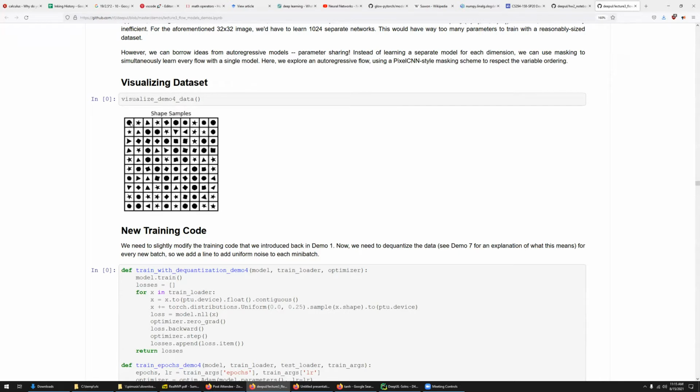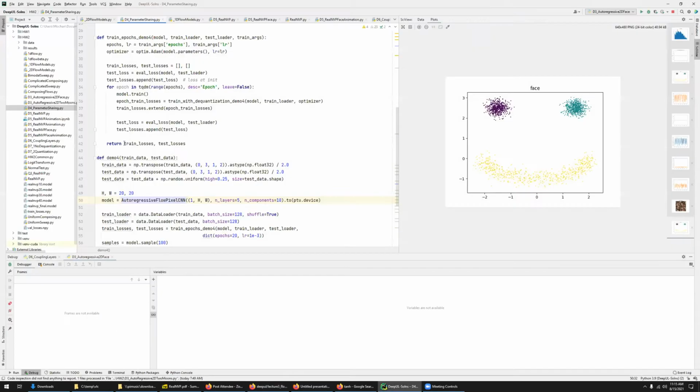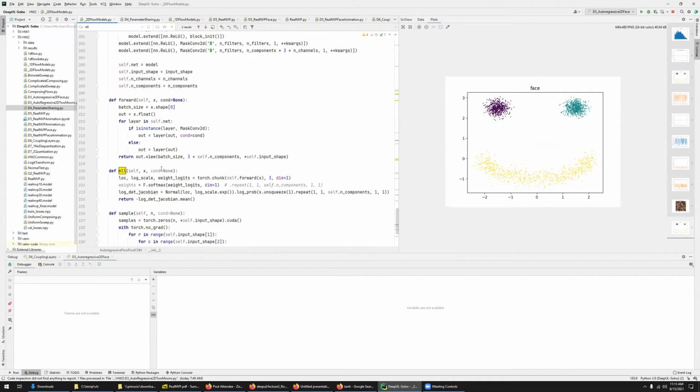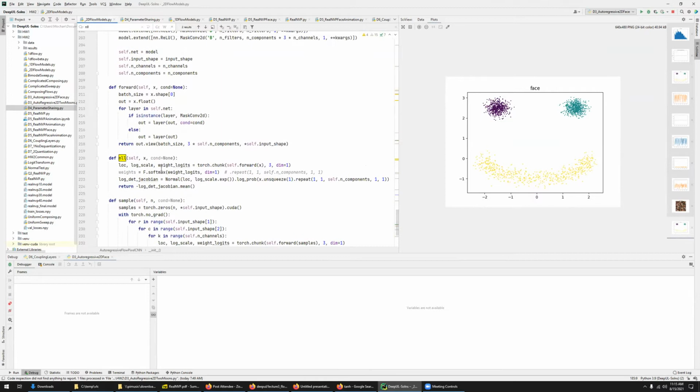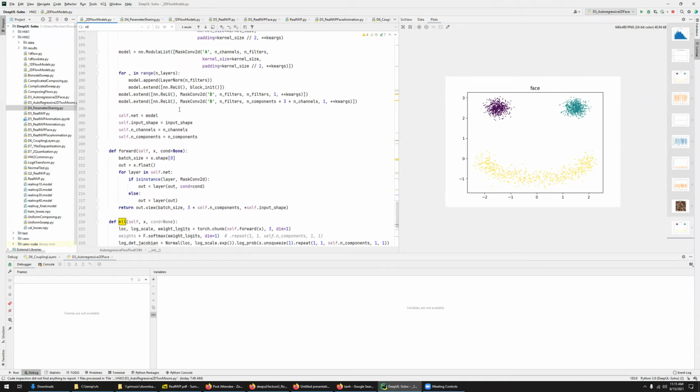actually the 20 by 20 dimension, the shapes data set. And this is used as the autoregressive flow pixel CNN. If we look at how they actually do the forward pass, they structured this slightly differently, so they don't have a flow function.